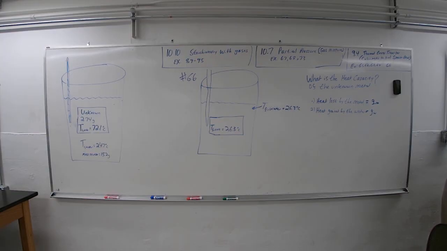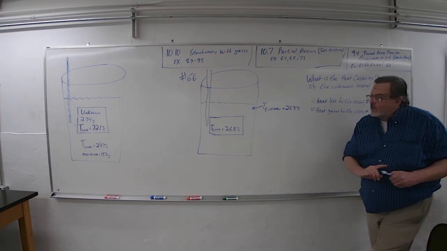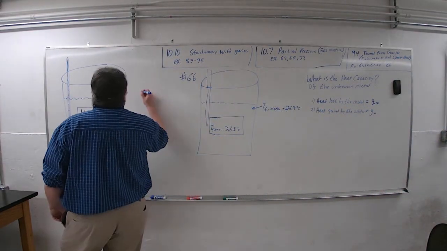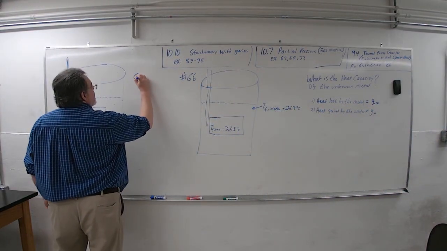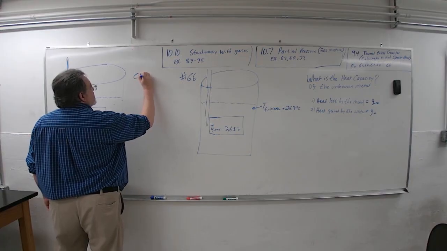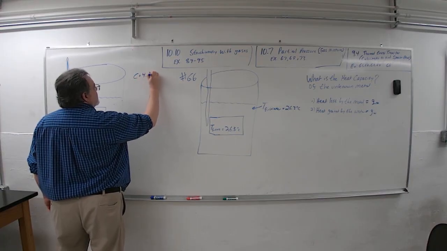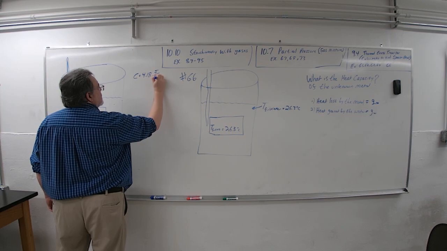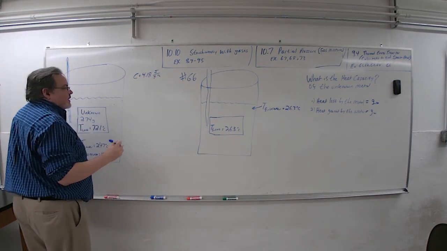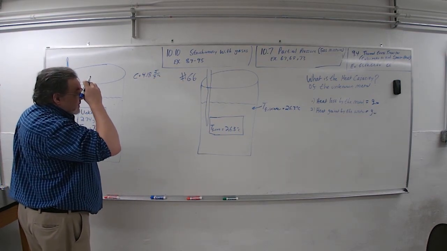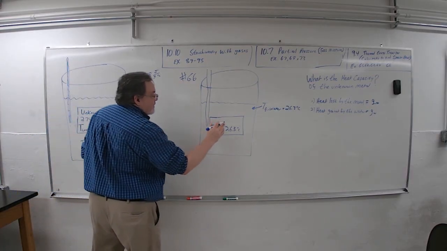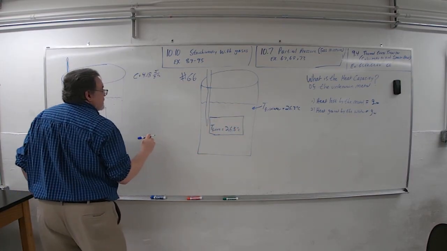The heat capacity of water is 4.18 joules per gram per degree C. So you have everything you need to know how much heat flowed into the water.